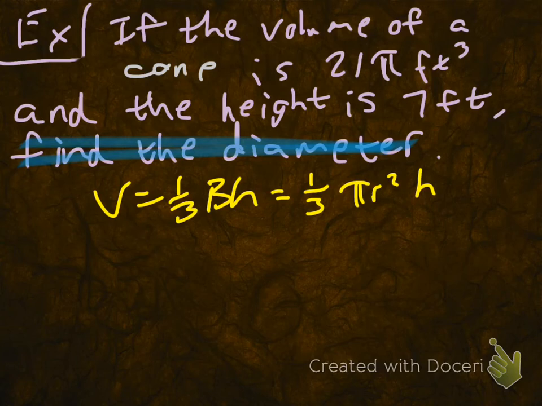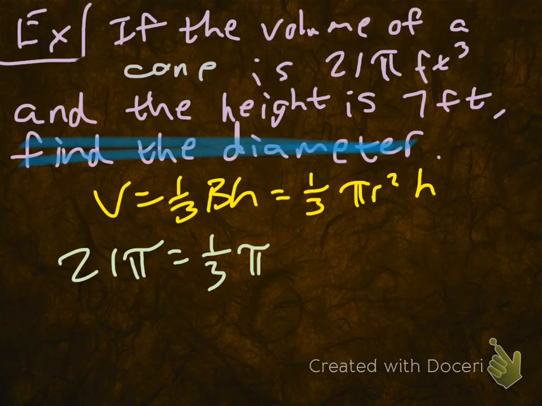So we know the volume is 21 pi. So that equals 1/3 pi r squared times the height. Do we know the height? We do. The height is 7. Okay? So now we're just going to solve for r. I'm first going to divide both sides by pi. Those will cancel.